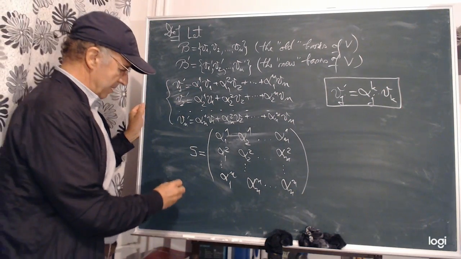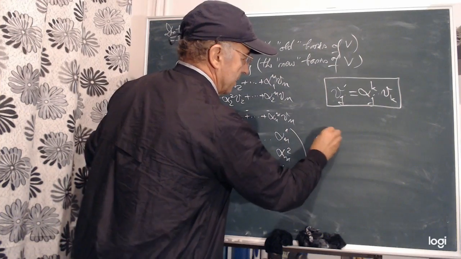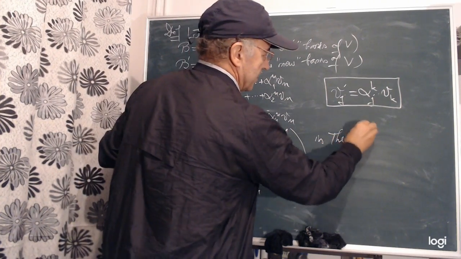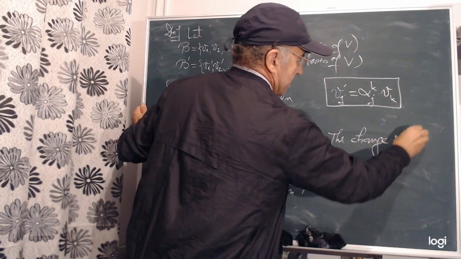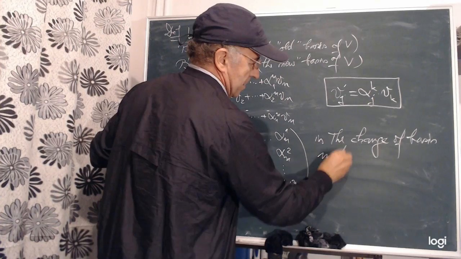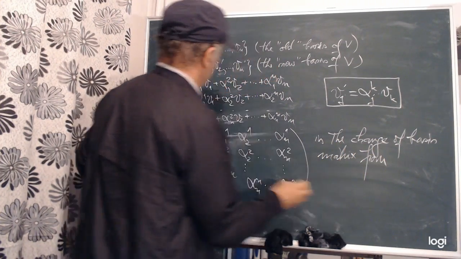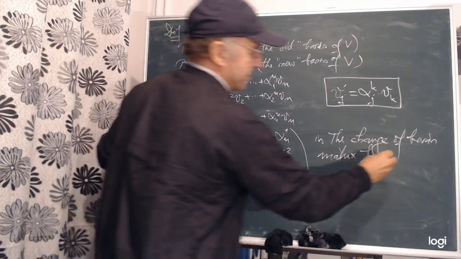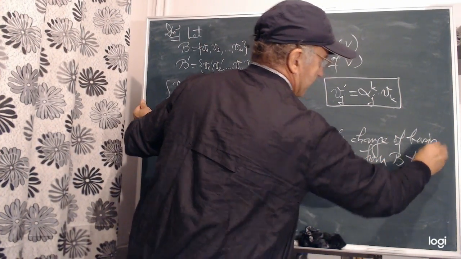This is called the change of basis matrix from the old basis B to B prime.